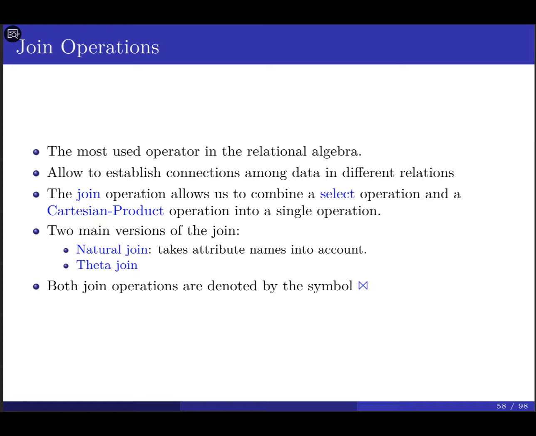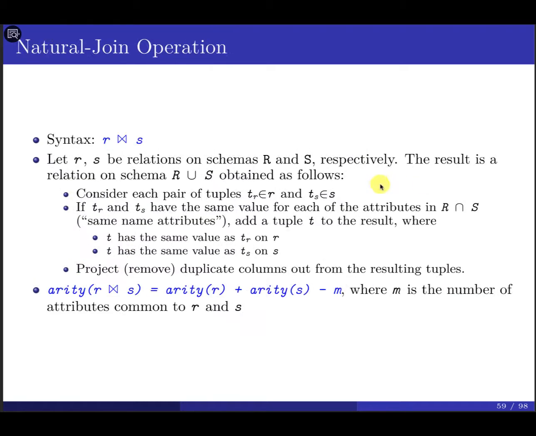We have two main versions in general. One is called the natural join, the other is called the theta join. Both of them use this symbol to say this is a join. Let me first talk about the natural join, one at a time.